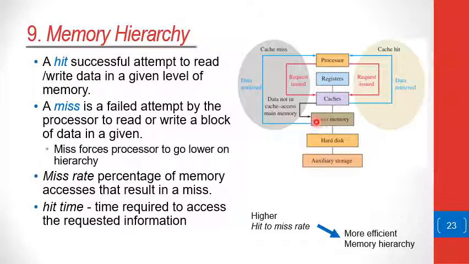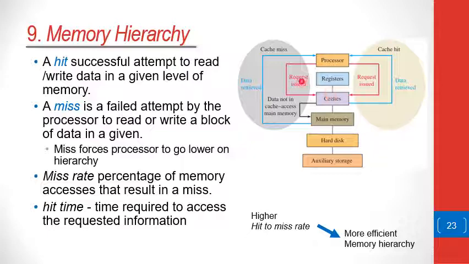That is, it will go to main memory and find that data to retrieve it. This is an example of a miss. A miss is a failed attempt by the processor to read or write a block of data in a given memory level, and it forces the processor to go to a lower level.